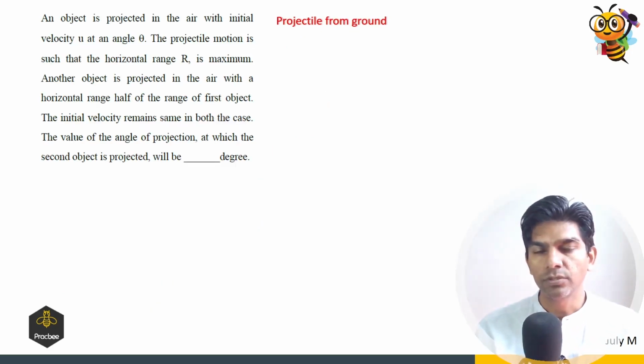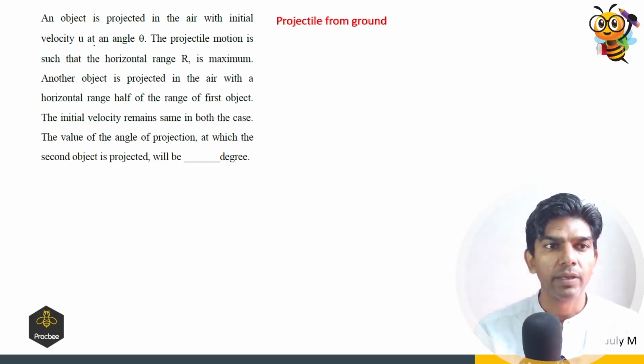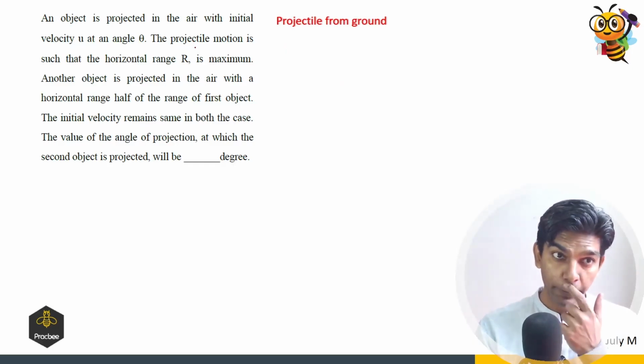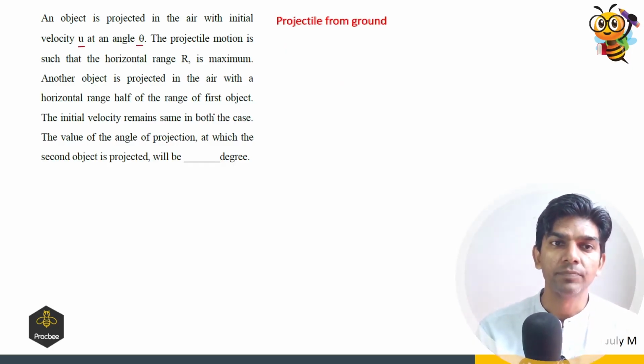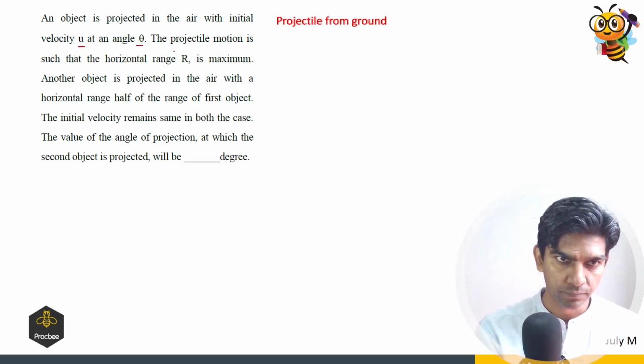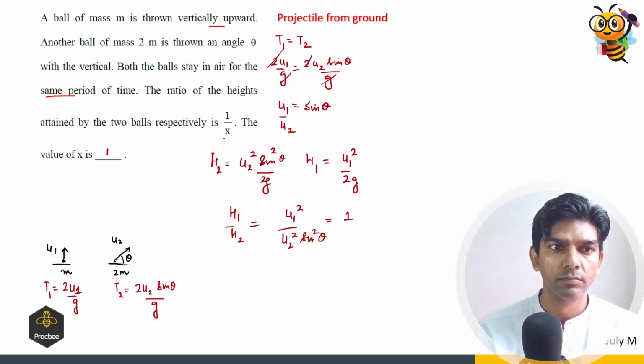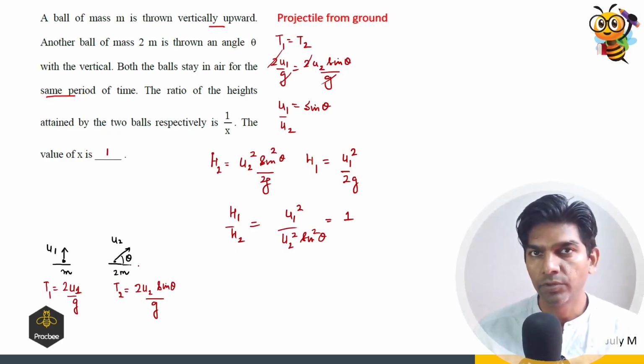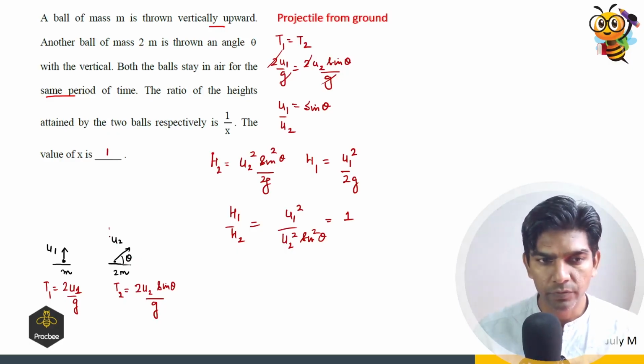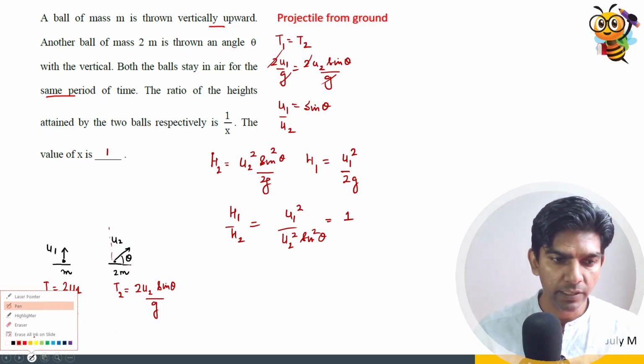Now let us see the next question. Based on the same problem type, an object is projected in air with the initial velocity u at an angle theta. One thing, I think I have taken theta with the horizontal, it should be with the vertical, right? So wherever I have written theta, it should be 90 minus theta. Let me correct that.